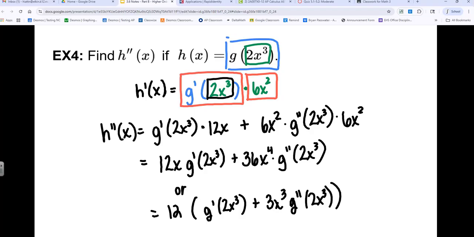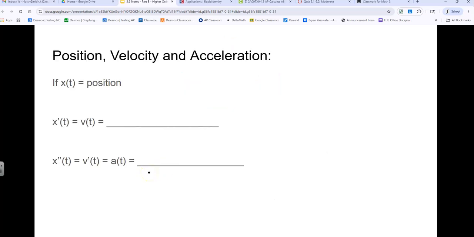Everybody okay here? All right, we got one more application situation we need to look at, because we've already talked about the fact that if we have a function that gives us position, sometimes it's the position as you're moving left and right. One that we've seen and we're going to look at a few times is the height of a projectile. That's a position. That's how high you are.